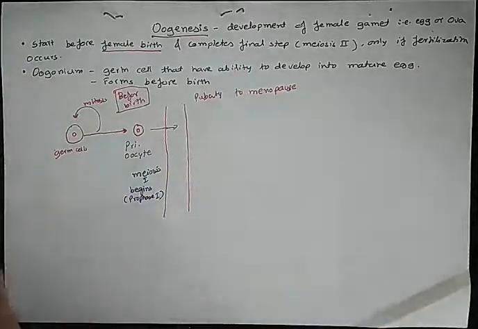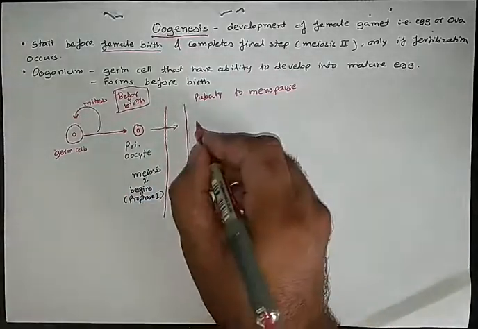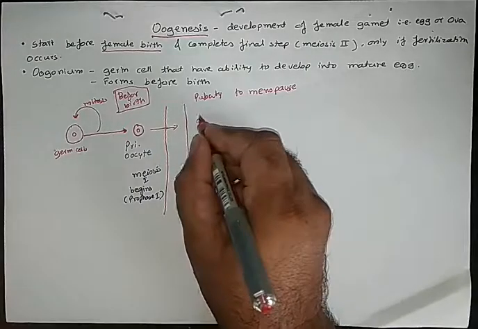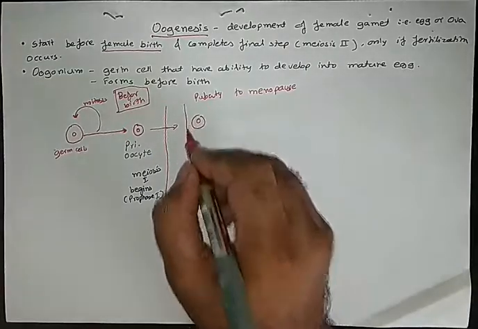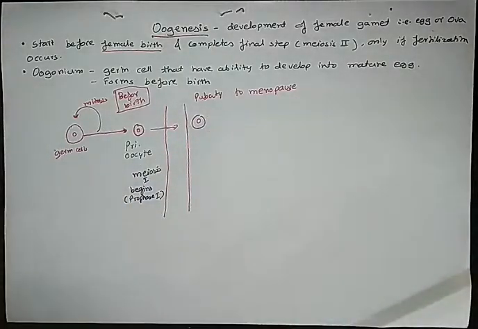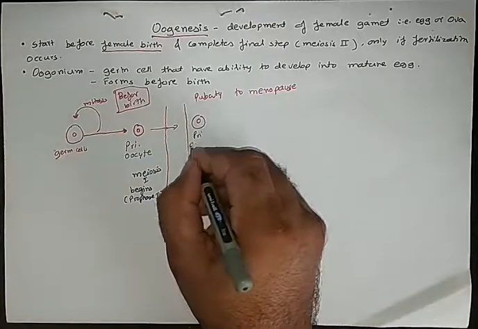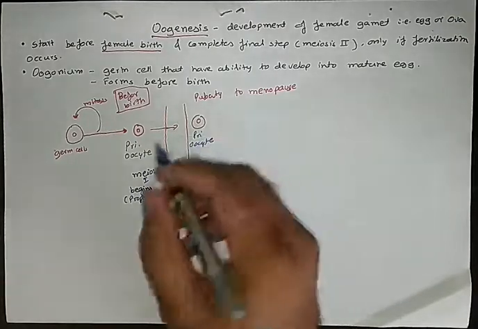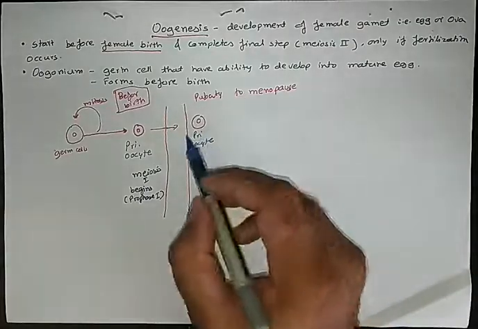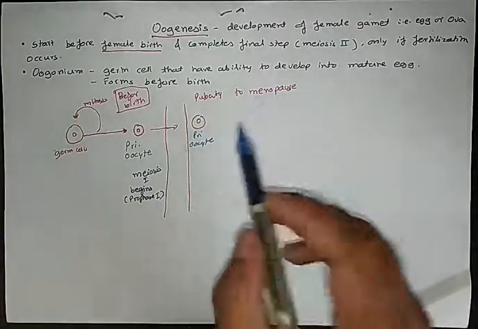During puberty, this primary oocyte develops and increases in size. So this is a primary oocyte. A few primary oocytes get developed and grow in size.